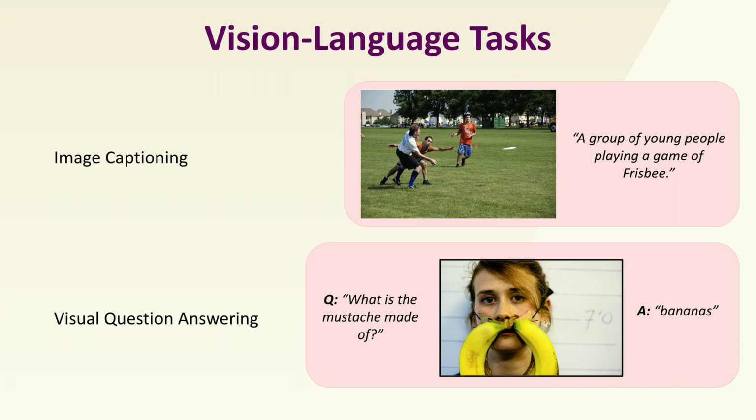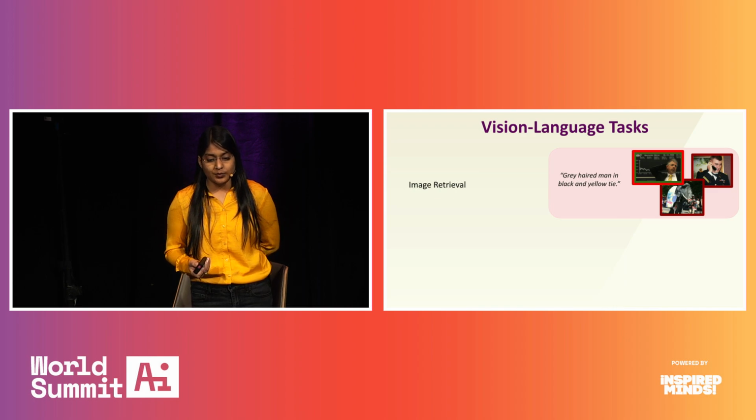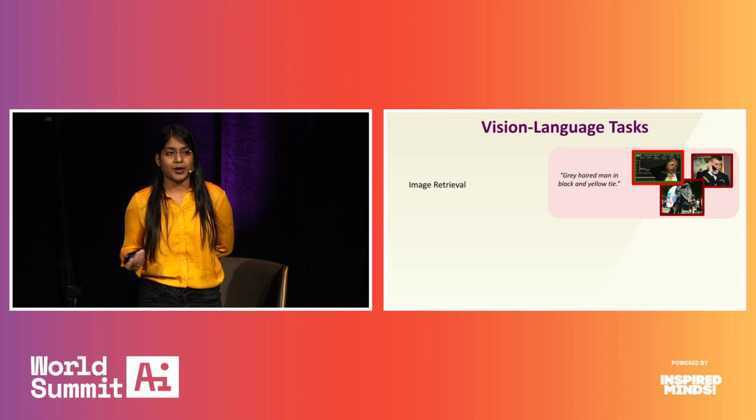By the way, this is the task that I worked on extensively during my PhD. Another common task is image retrieval, where given a natural language description, such as a gray-haired man in black and yellow tie, and given a pool of images, the task for the system is to retrieve the image that is best described by the given sentence.